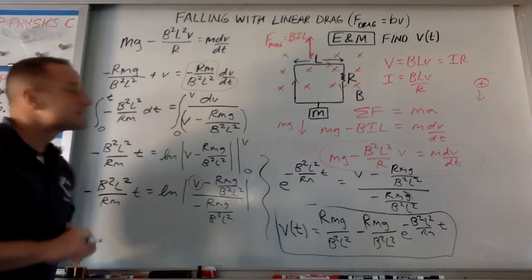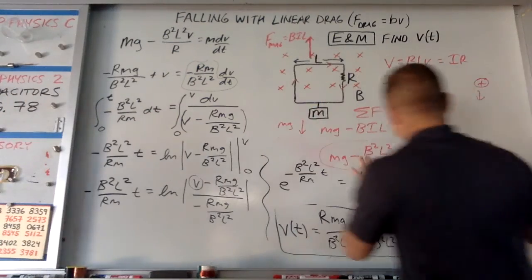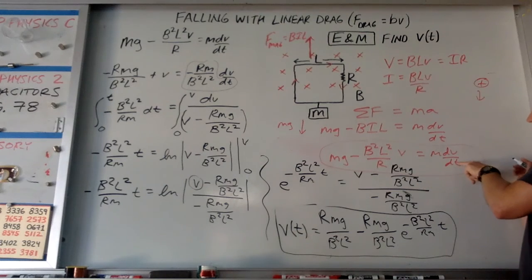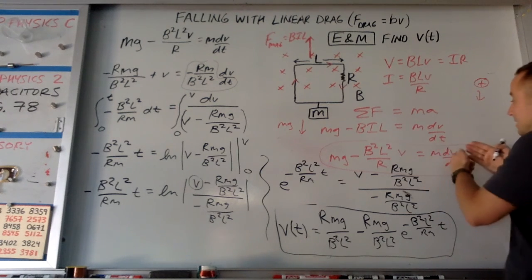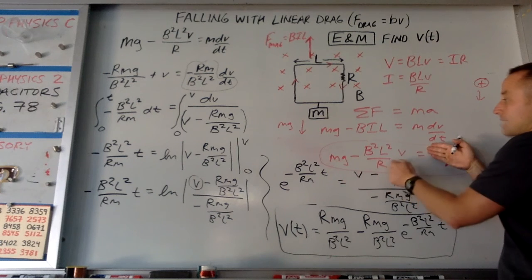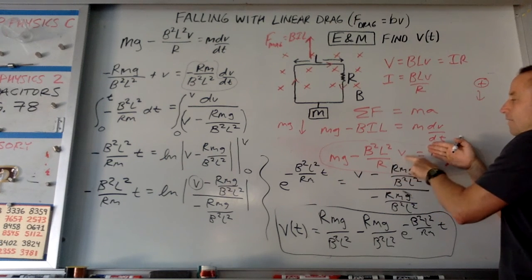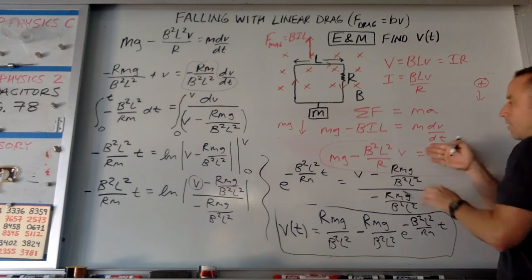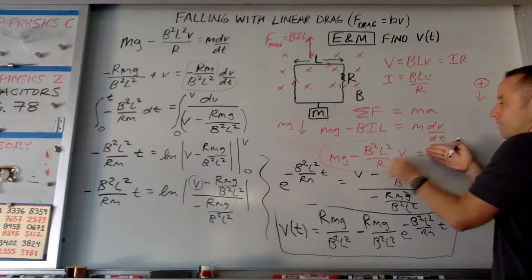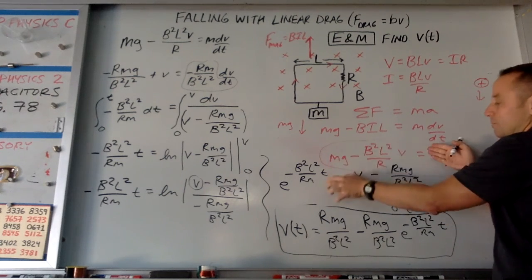To see why that is, when it hits a terminal velocity, it's not going to be accelerating anymore. So this right-hand side of the equation, the dv dt, would be 0 if it's not accelerating anymore. And so if the acceleration is 0, then this term equals that term. Notice if you solve for v, given this being 0, you would get Rmg over b squared L squared.